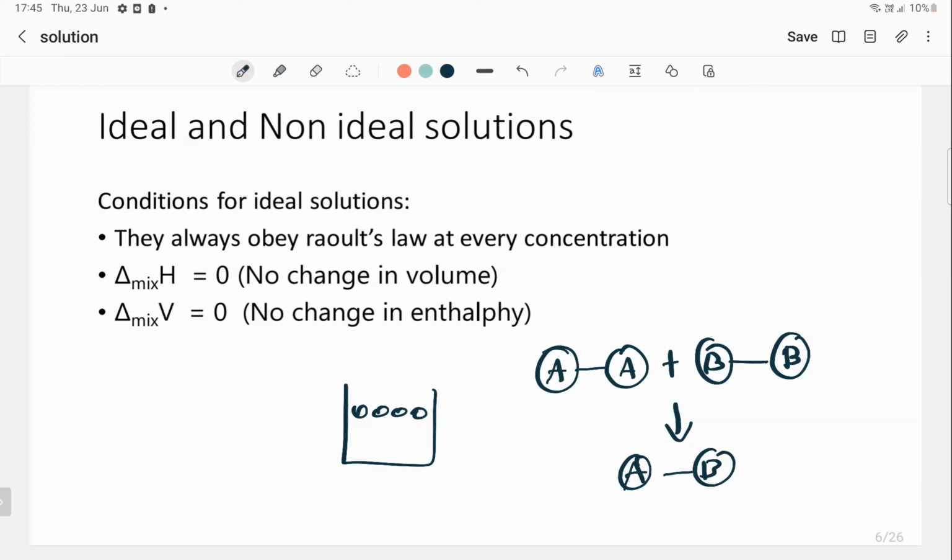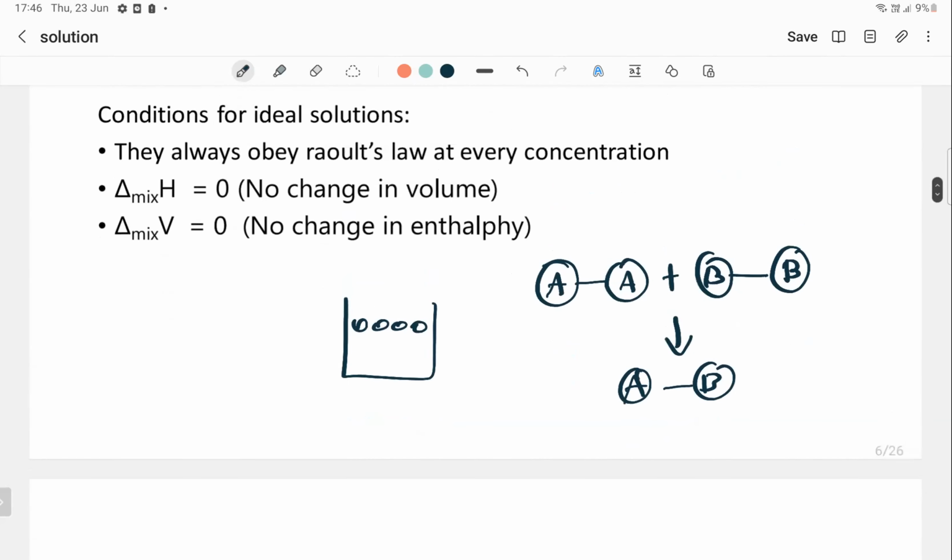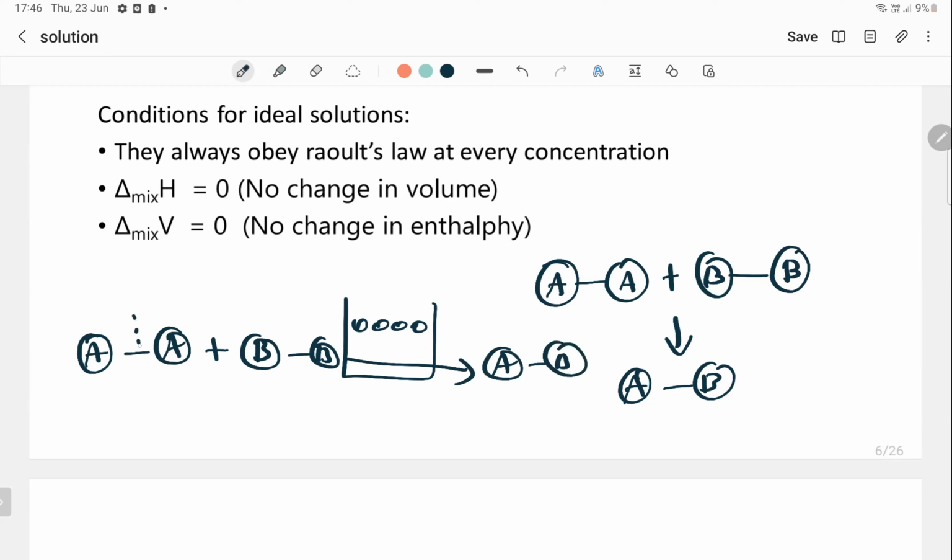Clear? So this delta mixing enthalpy will always be equal to 0. Let's suppose I am taking solute of AA and solvent of BB, forming a solution of A and B. Here, to break this bond, I am applying 10 kilojoules per mole of energy.